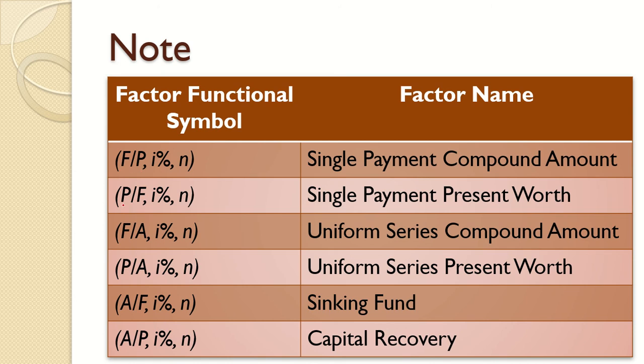Kung atong gipangita si P, given F, mo ni ang atong clue. Gipangita si F, given A; pangita si P, given A; A is unknown, given F; A is unknown, given P. So these are their equivalent names. So I hope you would remember these.